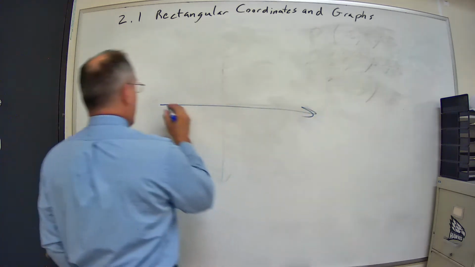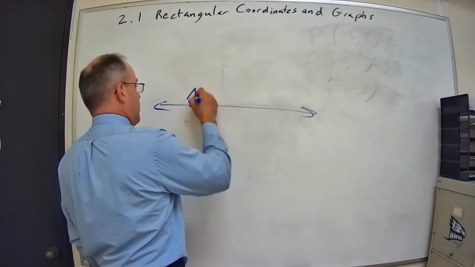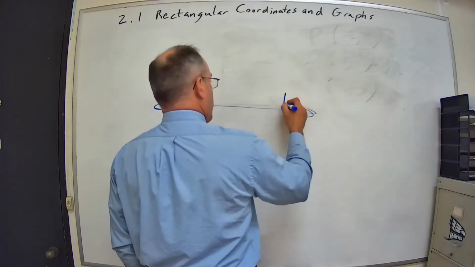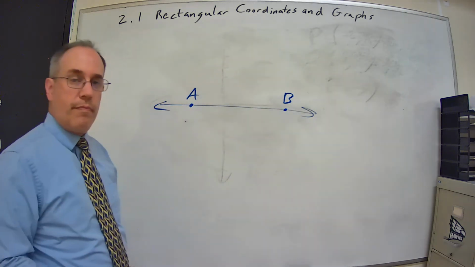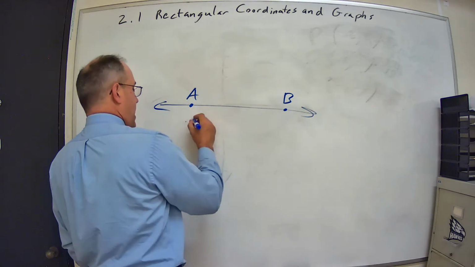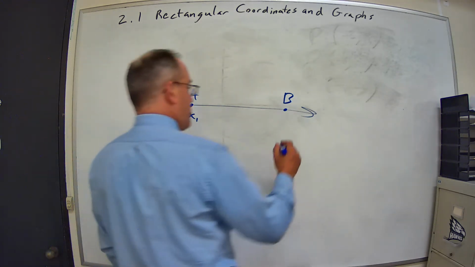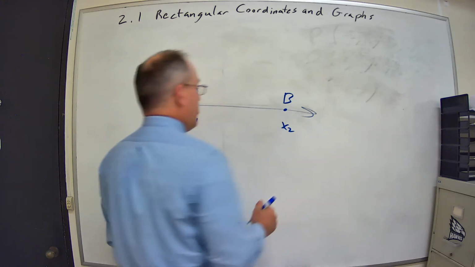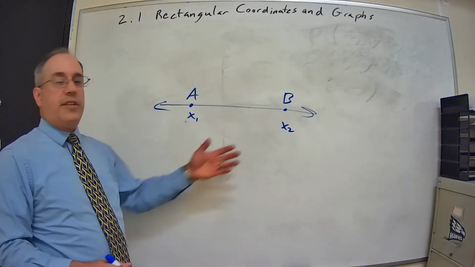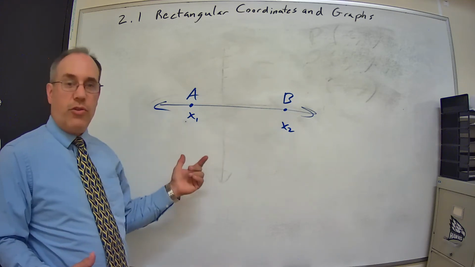So if I have a number line, the distance between points A and B, A has some value, I'm going to call it x sub 1. B has some value, x sub 2. The distance between them is just the difference in those values.